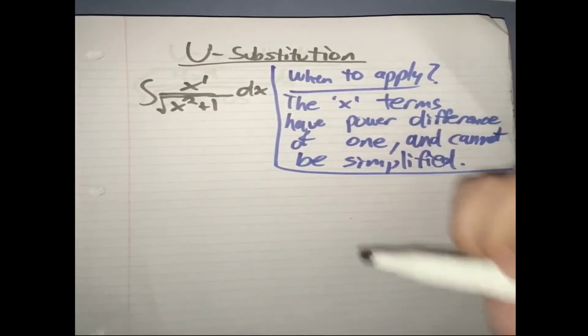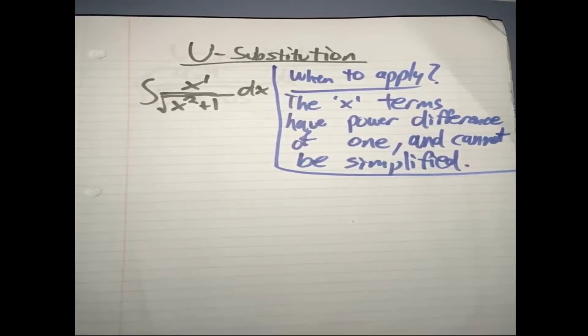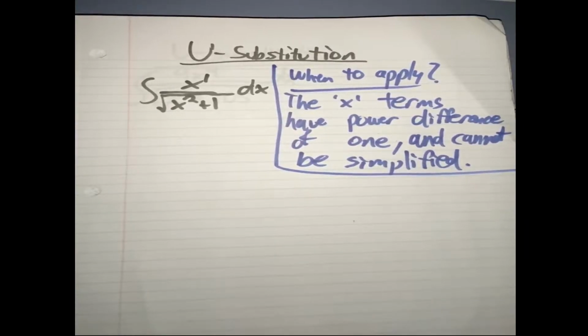So what we do is we select our u to be the function with the higher exponent, just because its derivative will cancel out, and you will see that shortly.